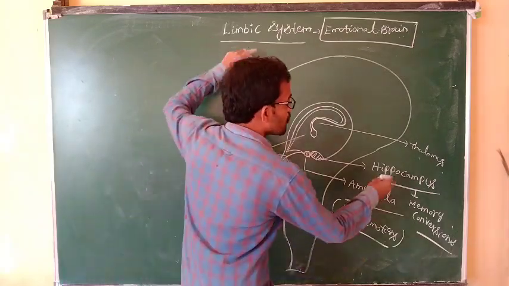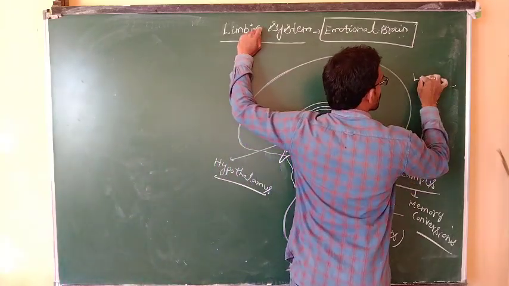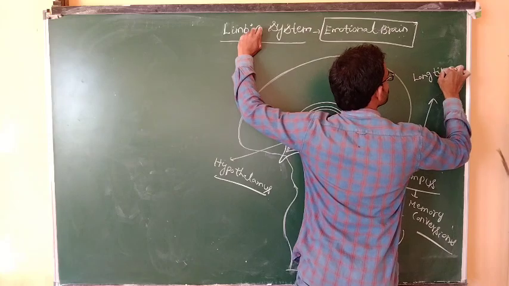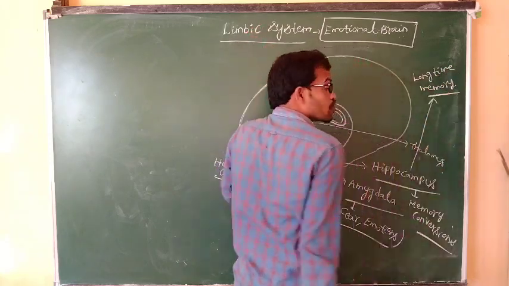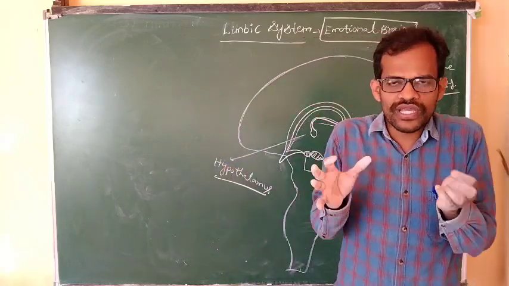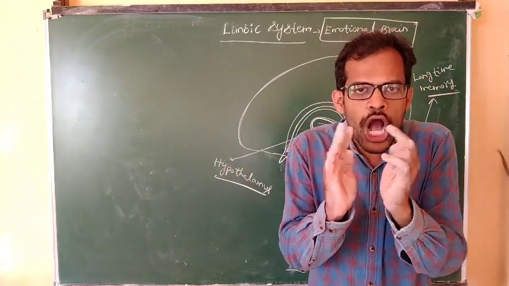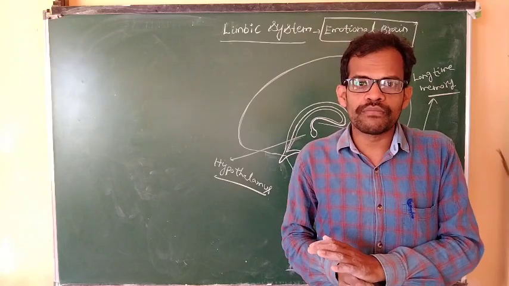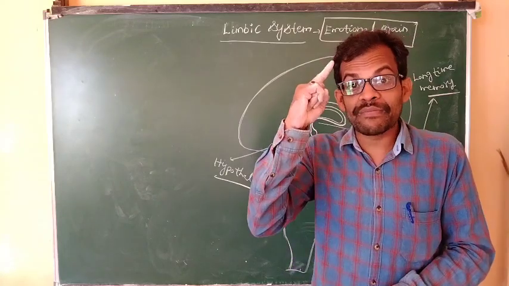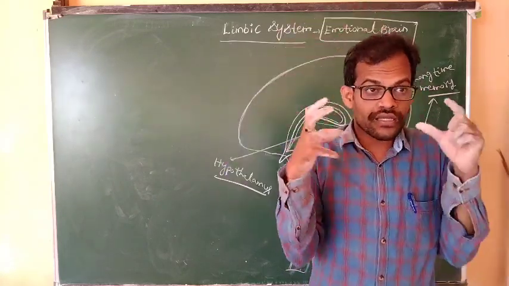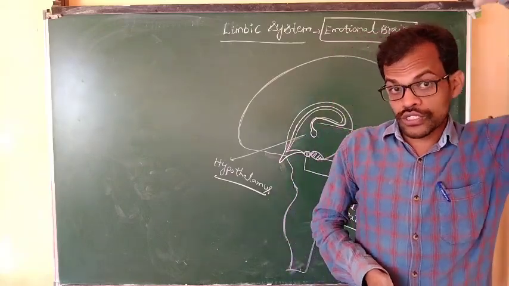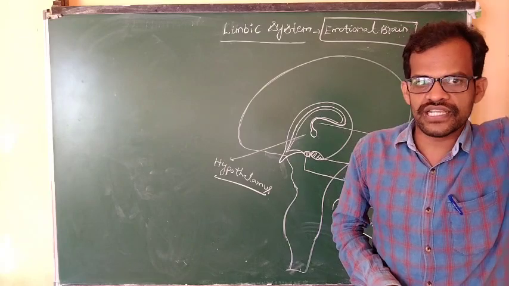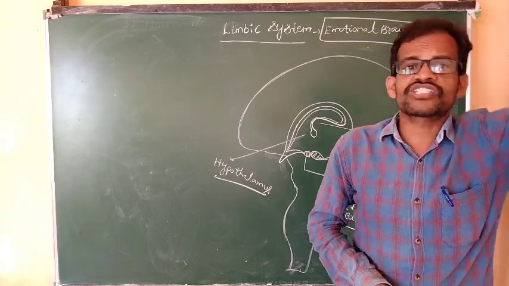Long time memory. Hippocampus. What is the function? Long time memory. You can watch any album or any photos and you can remember that festival, or the tour you went on, some states, some areas, some functions.